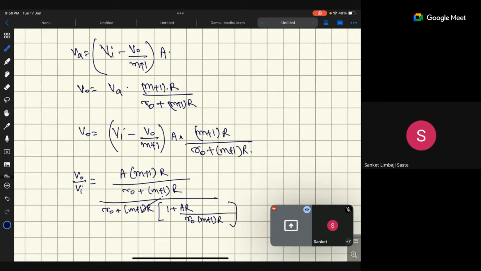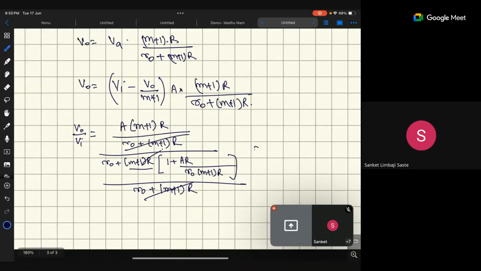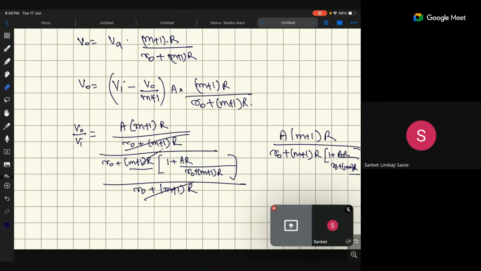This is the LCM we are taking, so this term is divided by R naught plus M plus 1 times R. These two terms cancel out, so that is A upon M plus 1 times R. I think this is the value. You can check from the video.